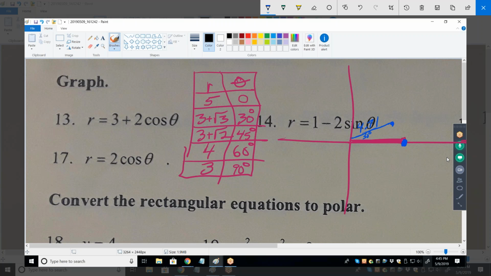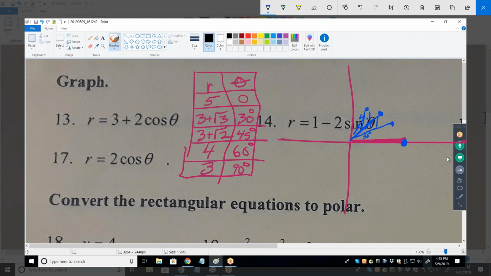If I go up to 45 degrees, 3 plus 1.4, that's 4.1. It's getting shorter and shorter. If I go up to 60 degrees, it's only 4.